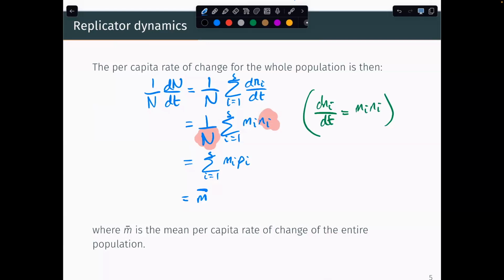This is just like before, remember when we had a weighted version over W_i, where W_i was the fitness of allele i. If we have many alleles in a population, then when we weight the fitnesses according to their frequency, that ultimately gives us the average fitness of the population. This is analogous to our fitness that we've had before, or our average fitness.